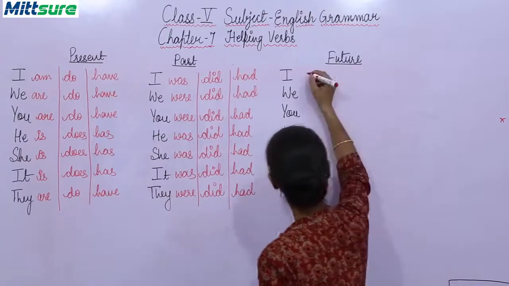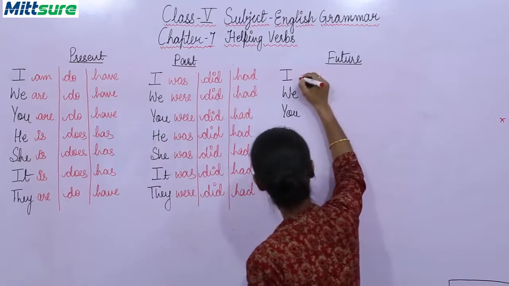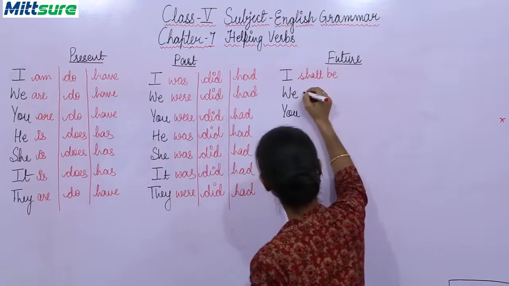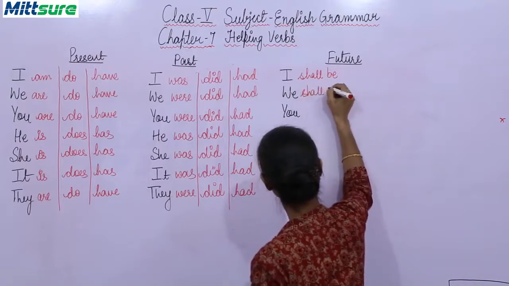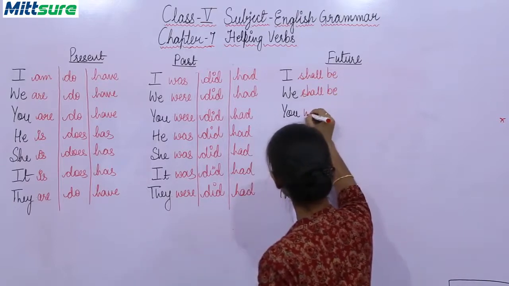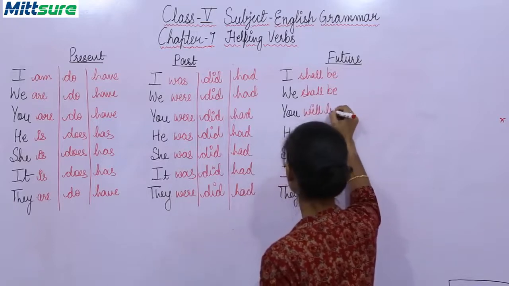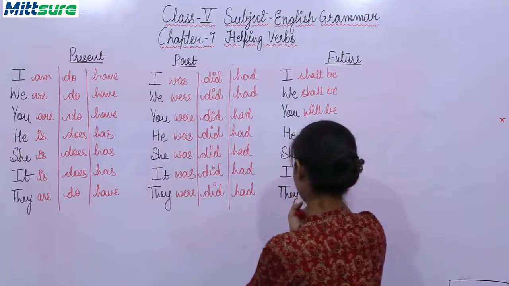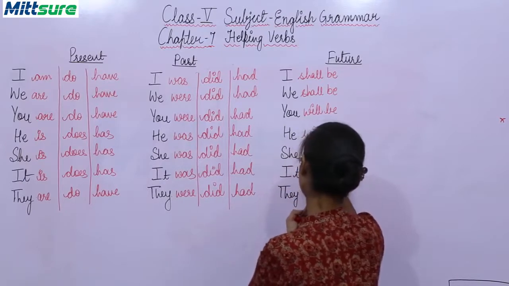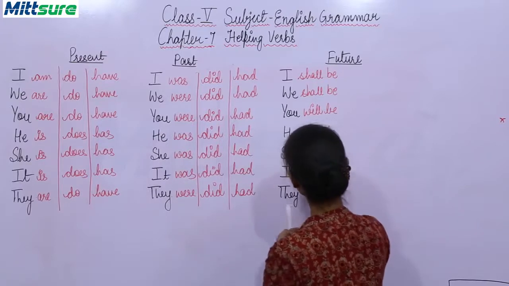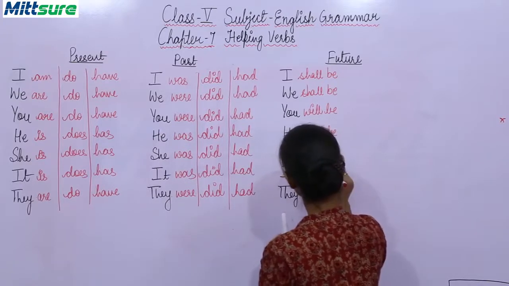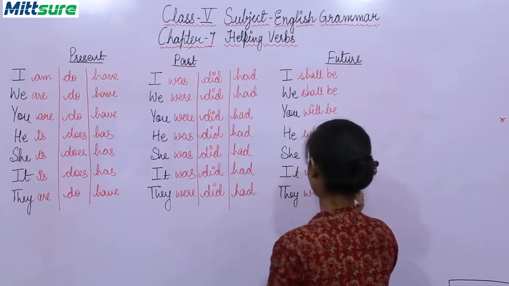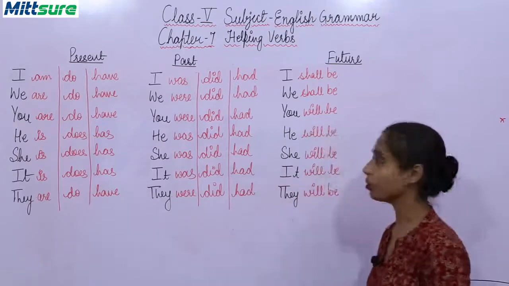I shall be, we shall be, you will be, he will be, she will be, it will be, they will be. This is clear about be form of verb.